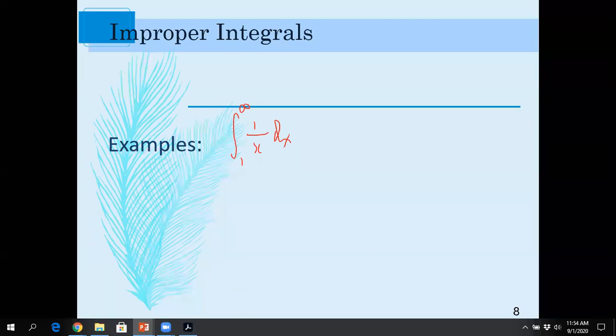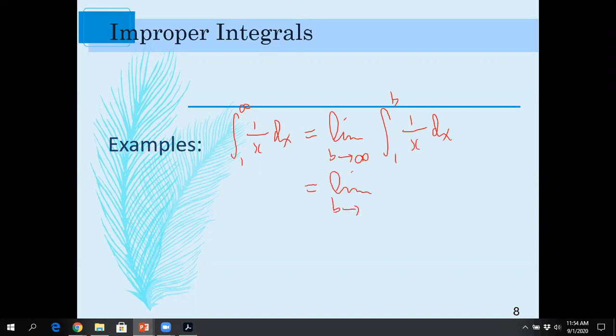Okay. So what do we have going on here? How do you write this as a limit? Limit as b approaches infinity of the integral from 1 to b of 1 over x dx. What is the antiderivative?